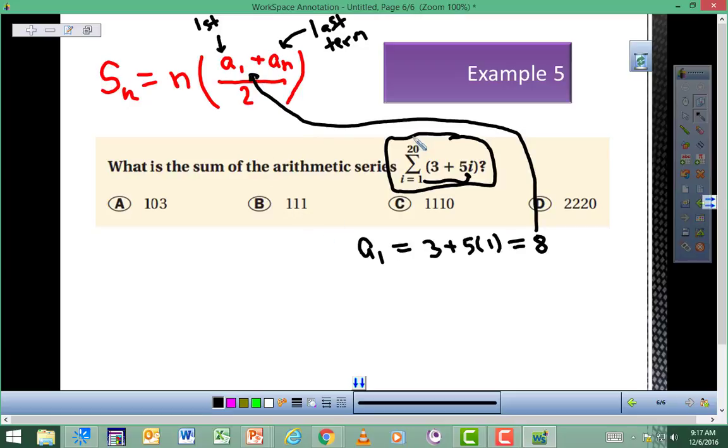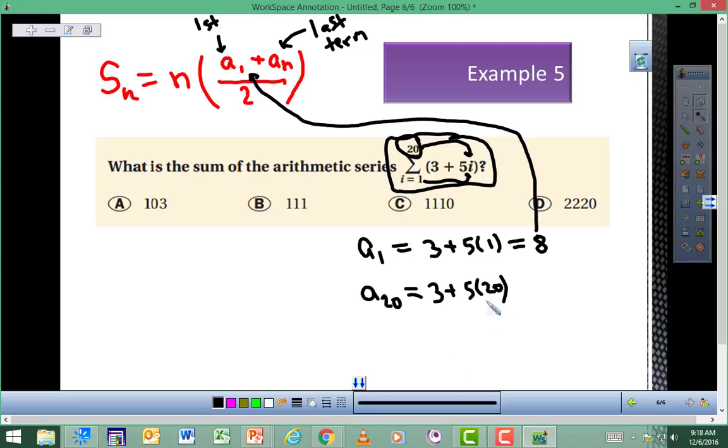Now, since this has an ending point of 20, that's going to be my last term. But I need to plug it in. This thing cycles through. So a sub 20 is going to be equal to what? Well, I gotta put the 20 in right here, right? And so then I get 3 plus 5 times 20.